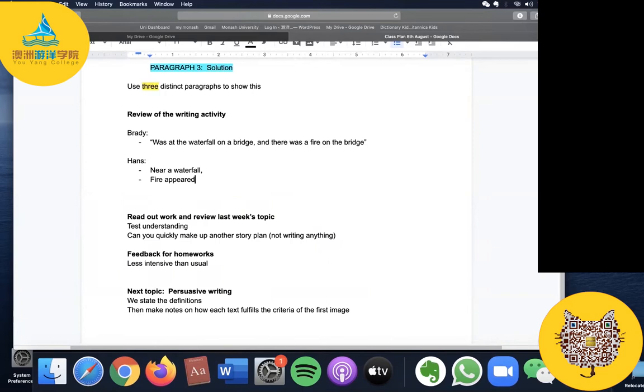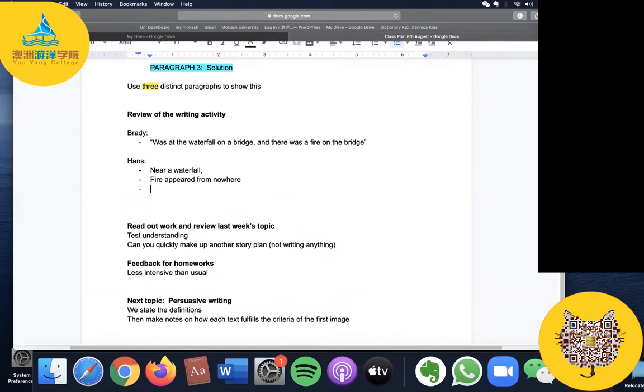Yeah, I like that. What was your solution? The animals put out the fire. Okay, the animals put out the fire. How did they do it? So they call more animals to help them.